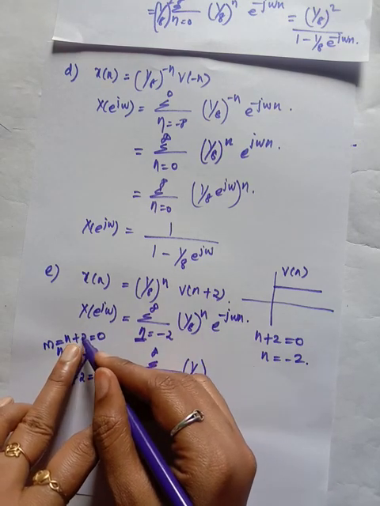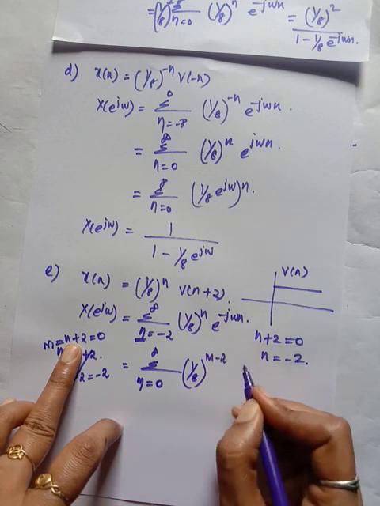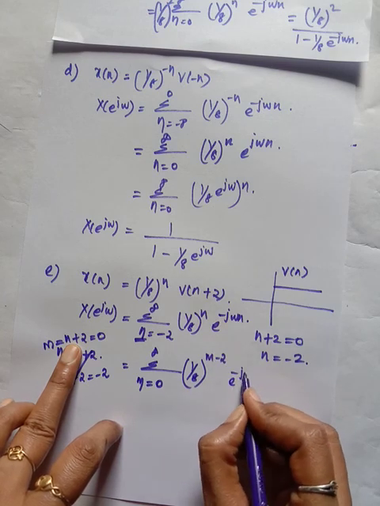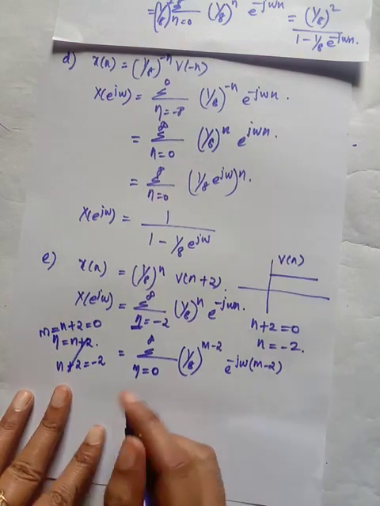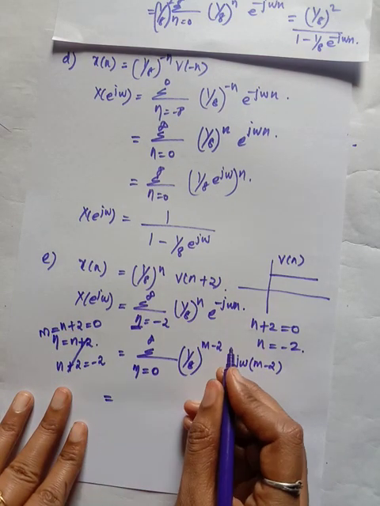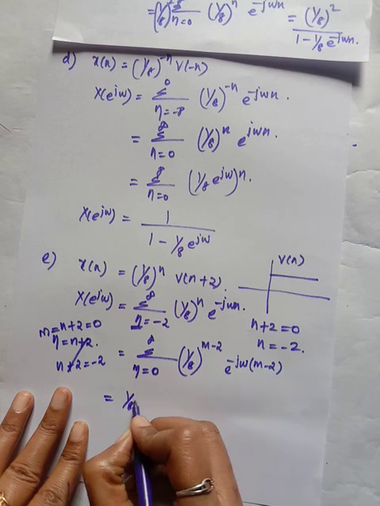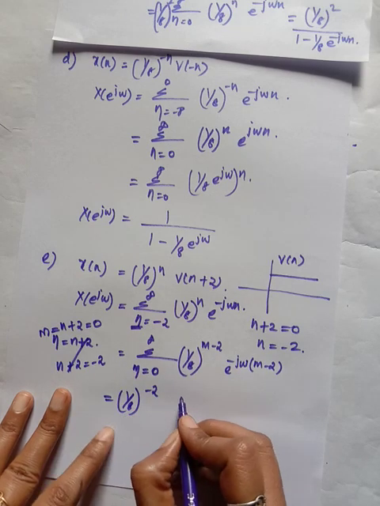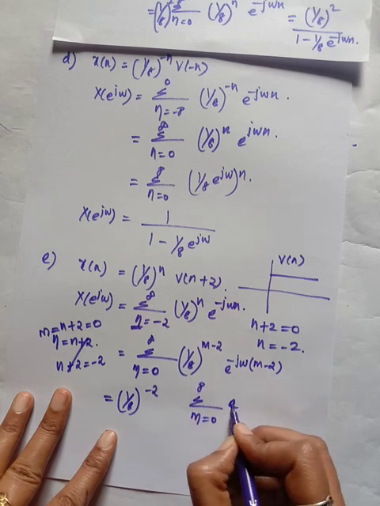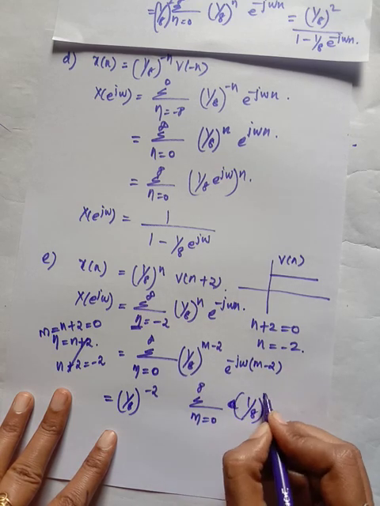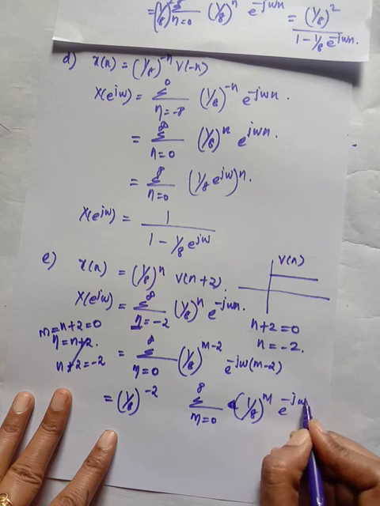So here n is equal to m minus 2, e to the power minus j omega (m minus 2). Now I am going to simplify this and take the constant terms outside. So I will get (1/8) to the power minus 2, summation m is equal to 0 to infinity of (1/8) to the power m, e to the power minus j omega m.